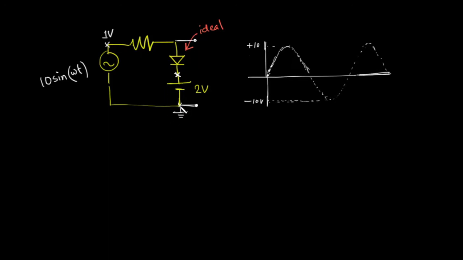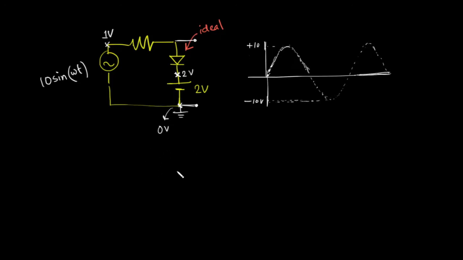If this node is the ground node, then this node will be at 0 volt, the voltage of this node will be 2 volt, and the voltage of this node is 1 volt. You see, the anode is connected to a lower voltage point than the cathode, so this diode will remain off.